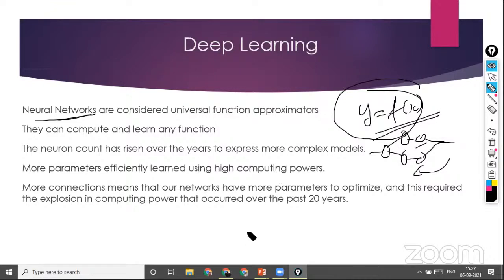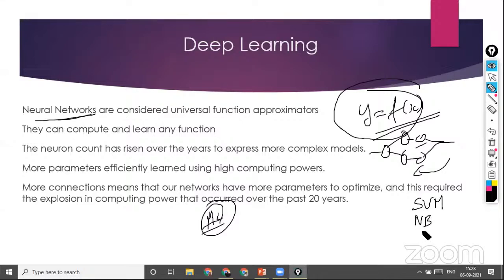Unlike other machine learning algorithms, we don't have much mathematical background corresponding to deep learning. Other machine learning algorithms, for example, we have support vector machine, we have naive Bayes algorithm.